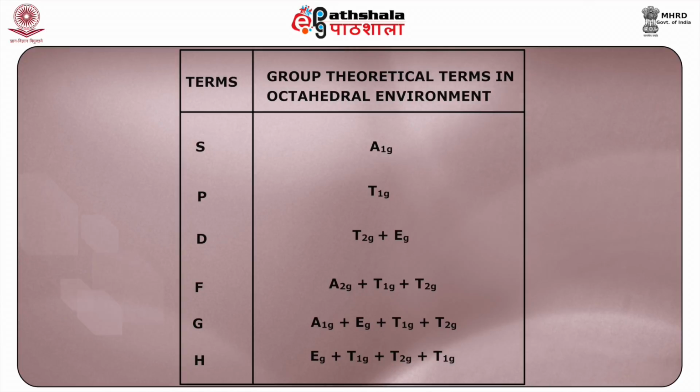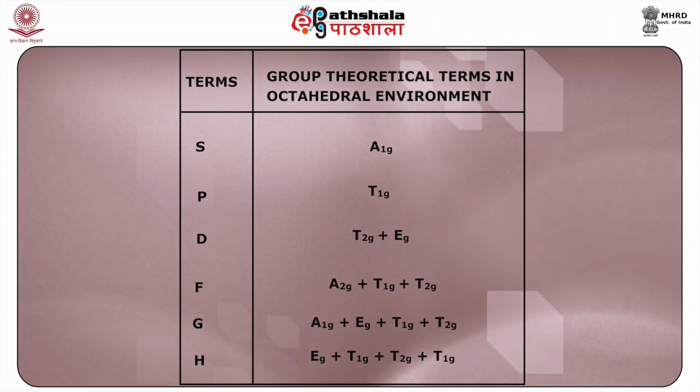This has been represented, which shows the splitting of free ion terms in octahedral geometry. It can be seen that the S term splits up into A1g in an octahedral environment. The P term splits into T1g. The D term splits up into T2g plus Eg.